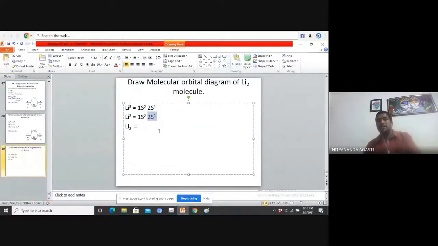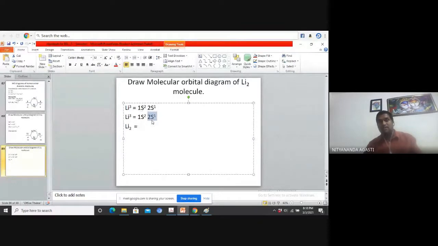That's why I'm underlining this: atomic orbitals of two different atoms having similar energy and similar symmetry will combine. You cannot combine atomic orbitals of your own choice.